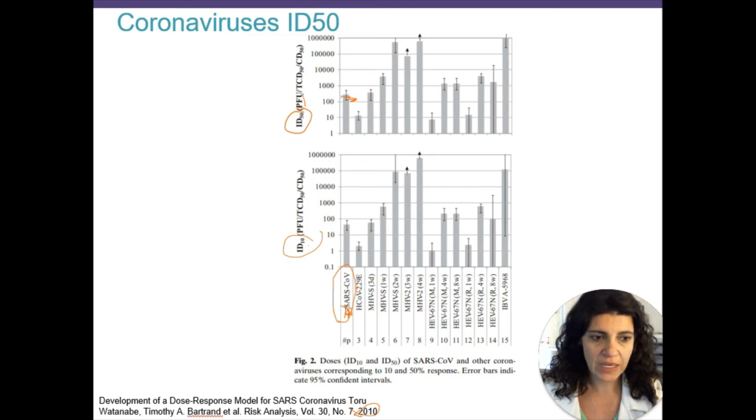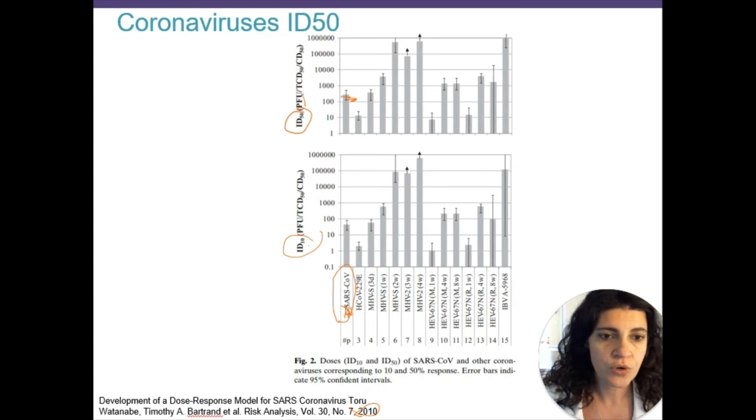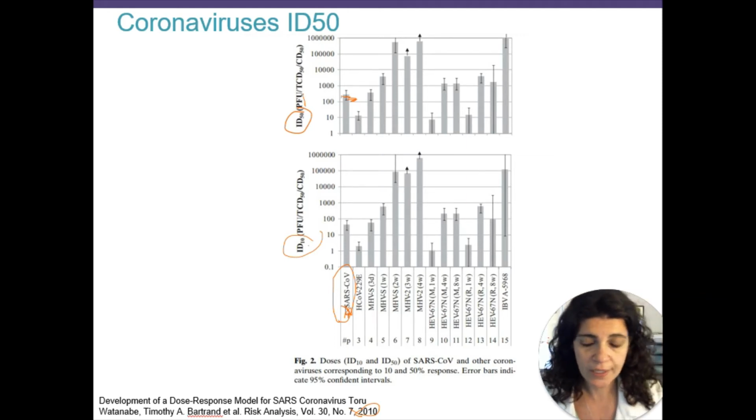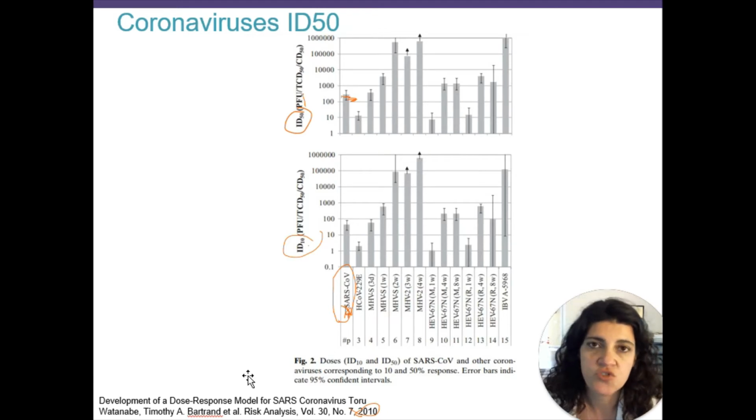It's how many plaques develop in a tissue culture experiment, each caused by one cell that was infected with one viral particle. So thinking that you need only 200 to infect an animal is a small number, right? This is just to illustrate how this type of measurement is super important.